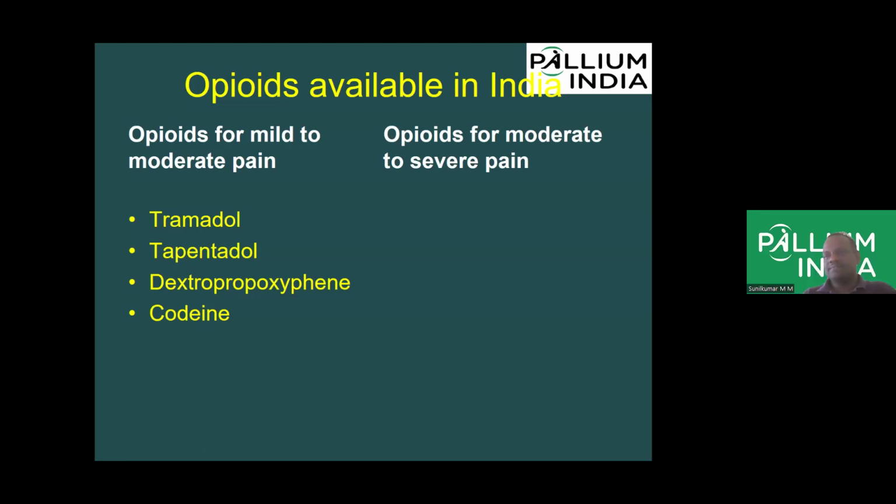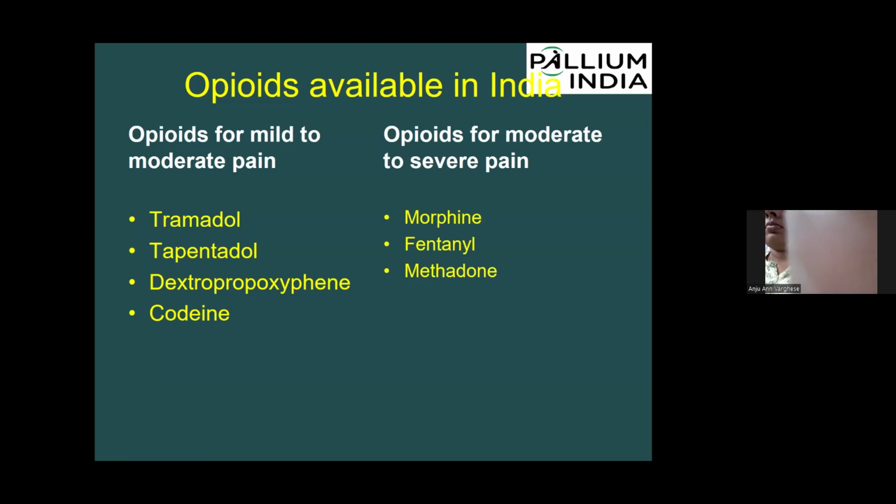Yeah, but I would not put it under opioids for moderate to severe pain, though it is available. Methadone. Yeah, it's methadone. So we have morphine, fentanyl, and methadone. These are the opioids which are used to treat severe pain worldwide.